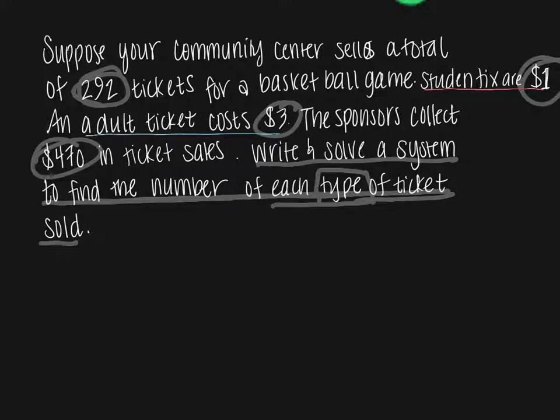Okay, so I have a couple of things going on here. I know that my student tickets cost $1 each. And I know that my adult tickets cost $3 each.